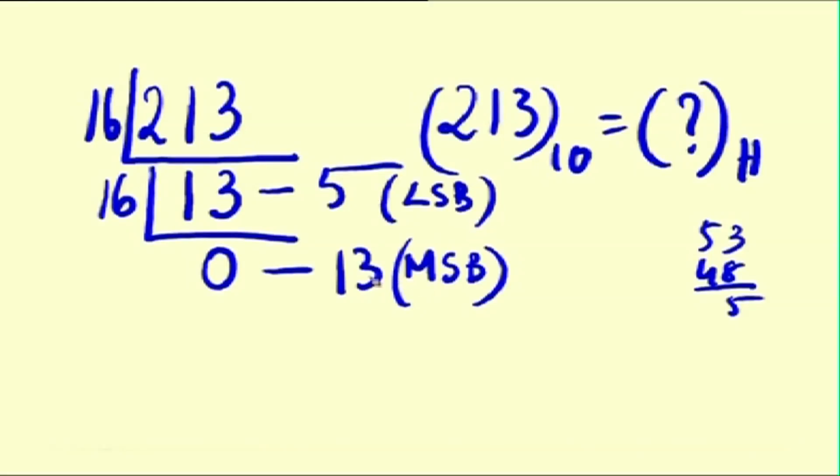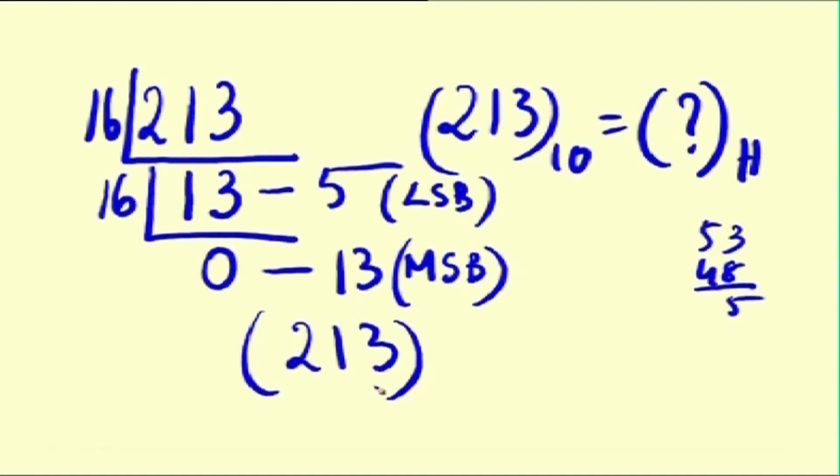So, we should write the answer from here, and 13 in hexadecimal stands for D, because A is 10, B is 11, C is 12, D is 13. So, the answer for 213 in decimal, in hexadecimal, will be D5.